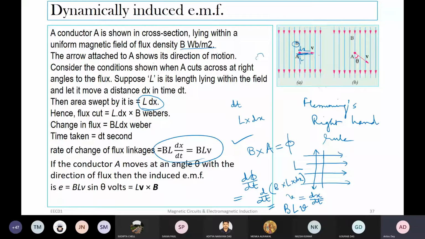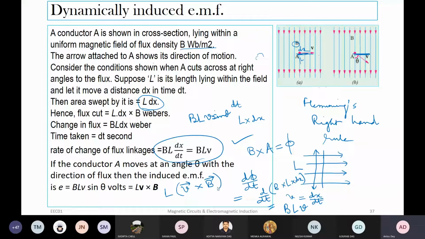Now, if the conductor moves at an angle θ to the direction of the field, then we have to take the sine θ component. So we can write it as BLV sin θ, magnitude wise. And if you want to express it in vector form, you can write it as L into the vector product V into B.